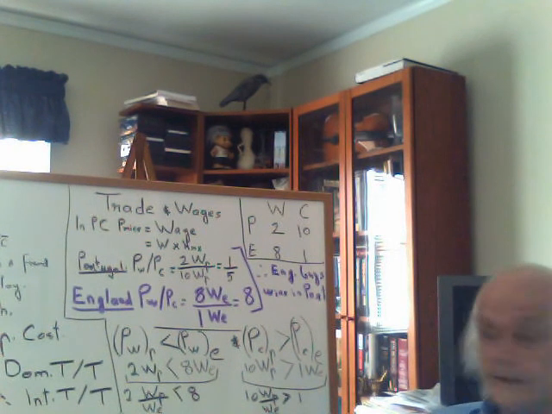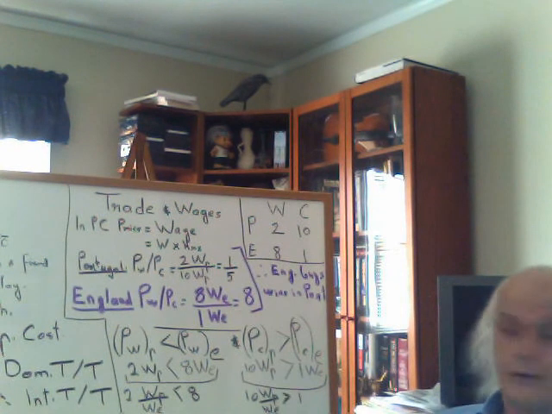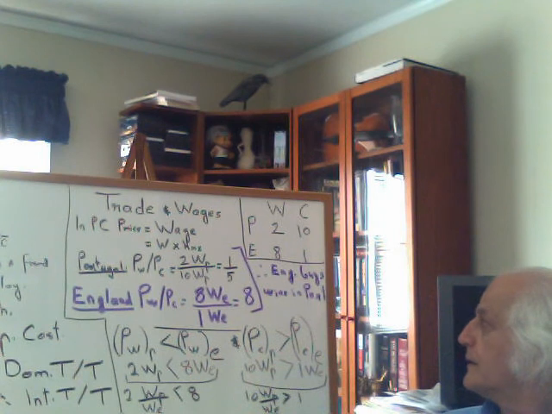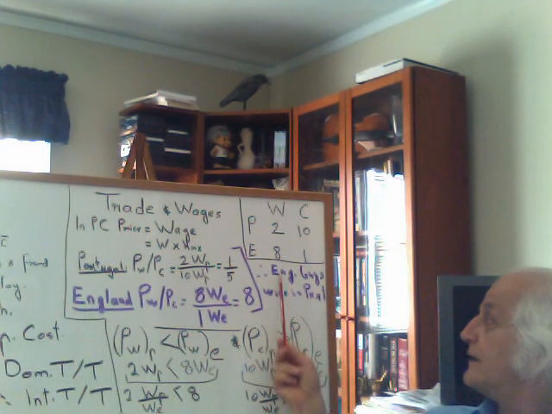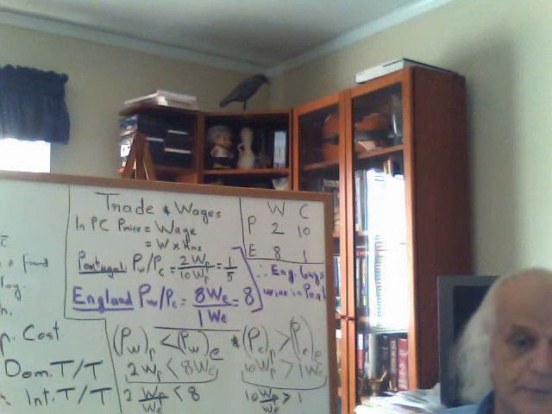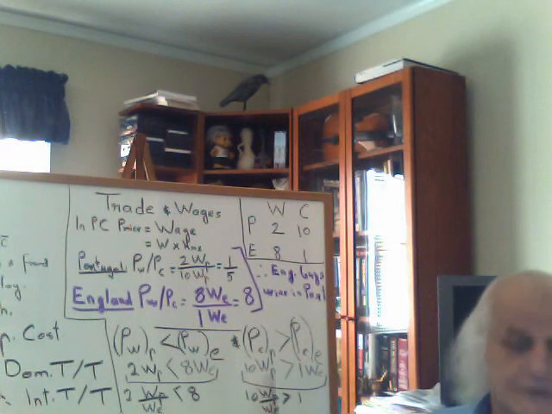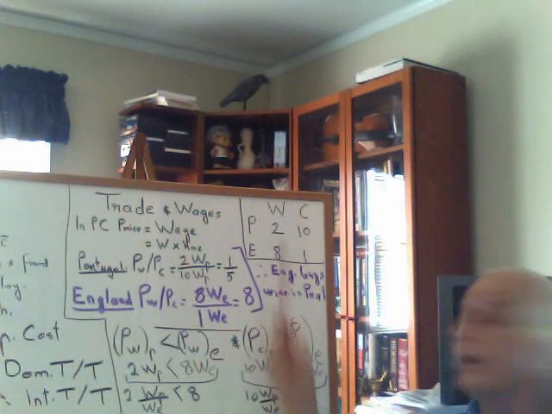So what do we have to do right now? Well, if you look at this, who is going to be exporting what? This means that England is going to be buying wine in Portugal. Why, by the way? Because of the prices. Wine is cheaper in Portugal, so the British are going to buy wine in Portugal.